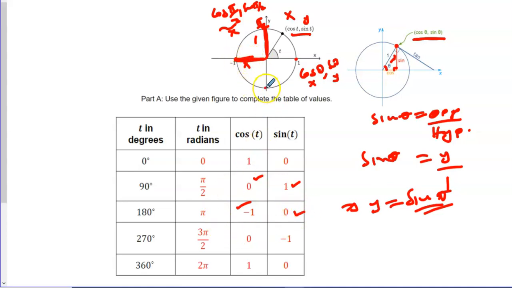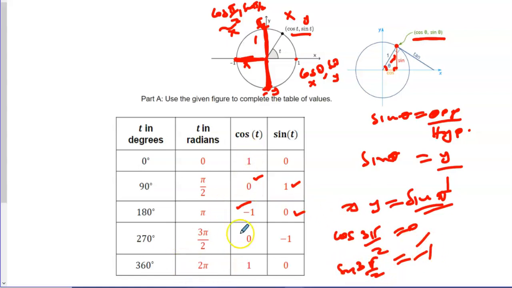Now when we come to 270, we are lying on the negative y-axis. This radius is 1, there is no x here, so the cosine of 3 pi on 2 or 270 is going to be 0. And then the sine, we are in the negative region, the radius is 1, the sine of 3 pi on 2 is going to be negative 1.